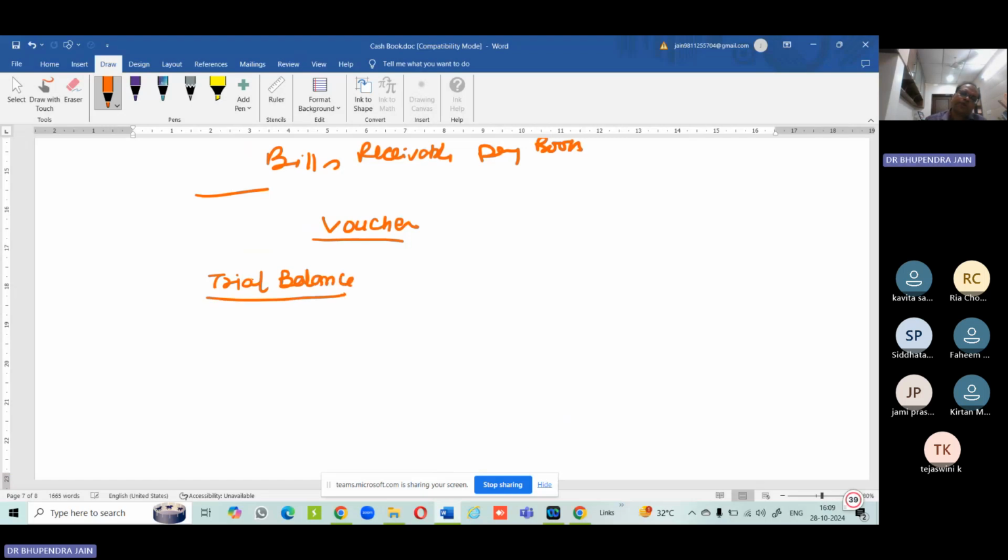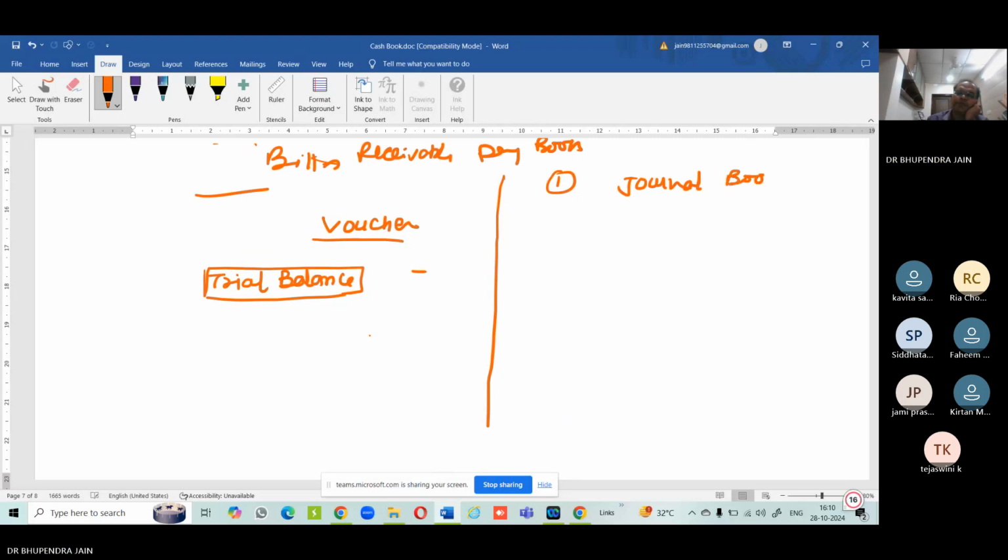Now this is the most important concept: trial balance. What will be the steps? I am just writing down all the steps here. First step, prepare the general book for journal entry. Second step, prepare the ledger.